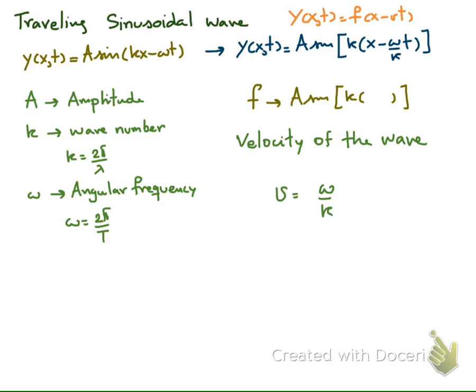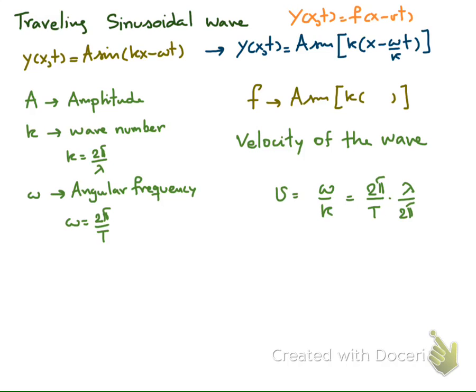But if we substitute the value of omega here and the value of k here, we have 2 pi over T times lambda over 2 pi.